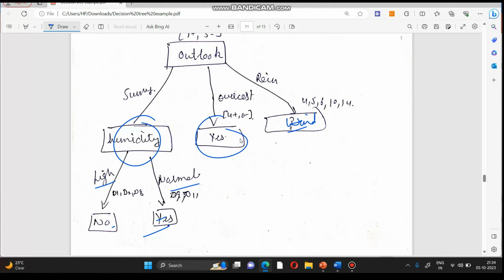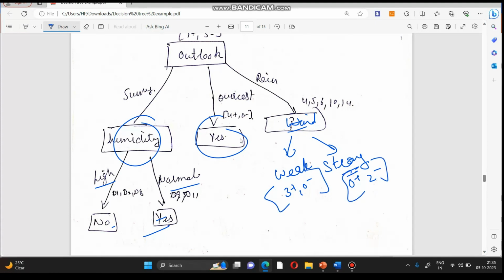Now what were the values for wind in this case? Wind is weak, wind is strong. When the wind is weak, we have 3 plus 0 minus. When we talk of strong, we have 0 plus 2 no's. So this is a clear decision.